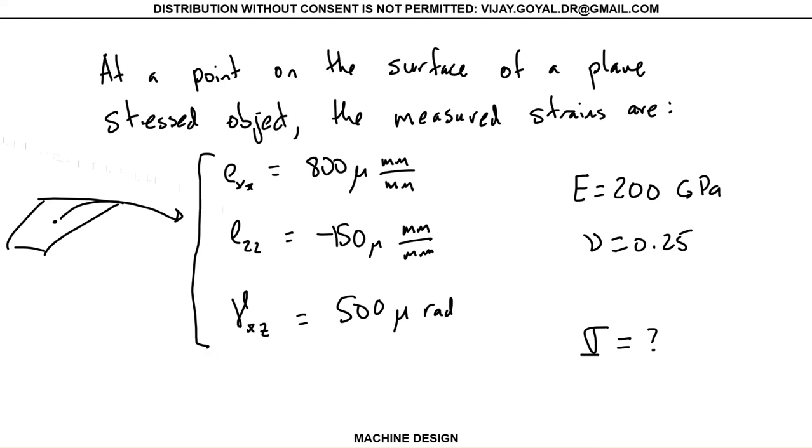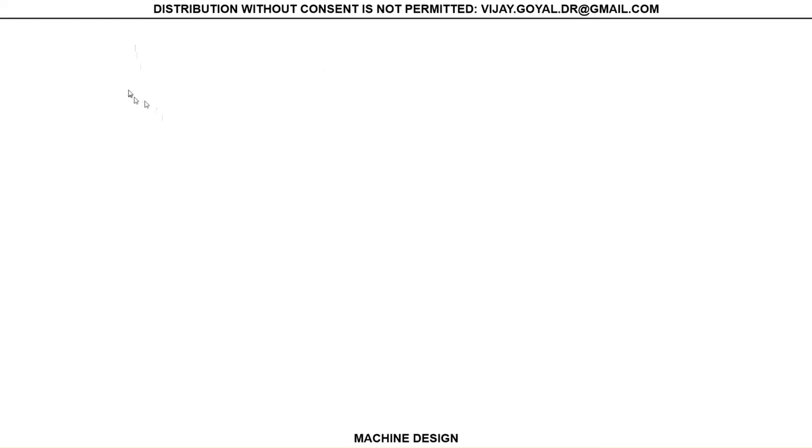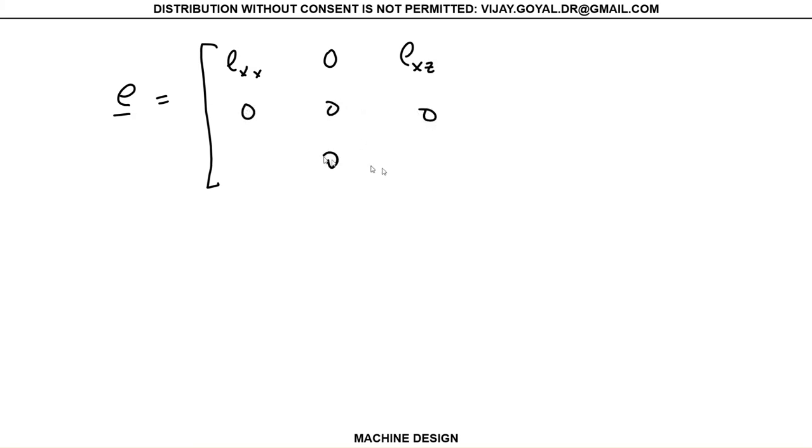So let's formulate our state of stress for this case. So your state of strain is EXX. We don't have anything in Y. We have EXZ, EZZ, EXZ. So this is what we have in the problem.